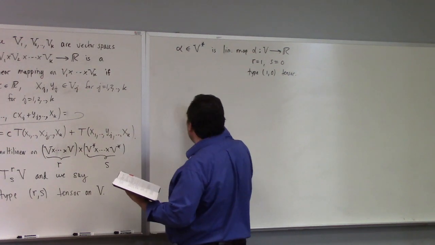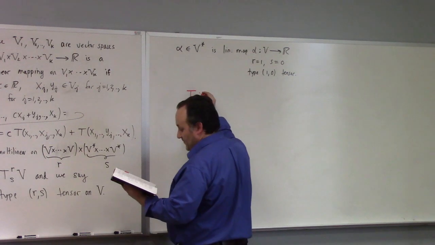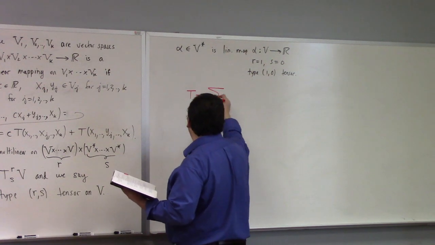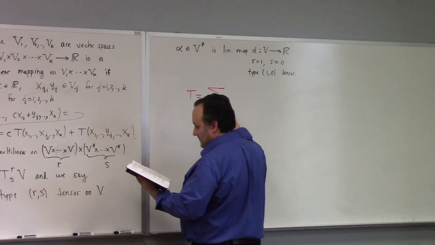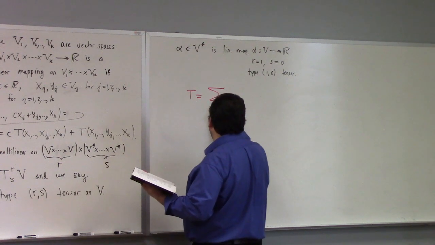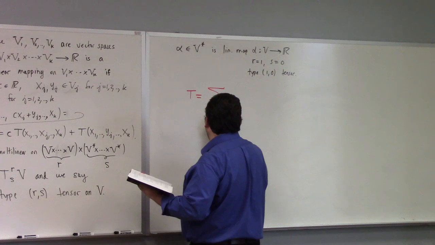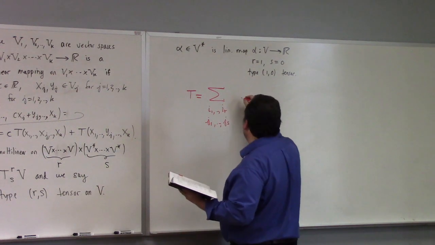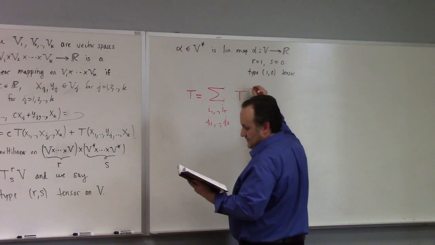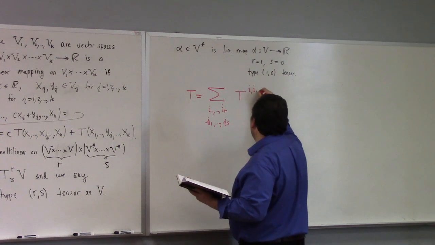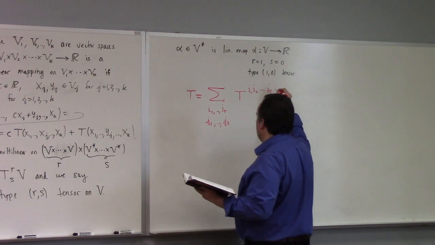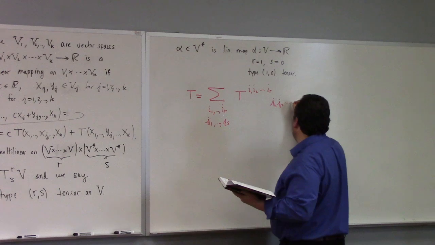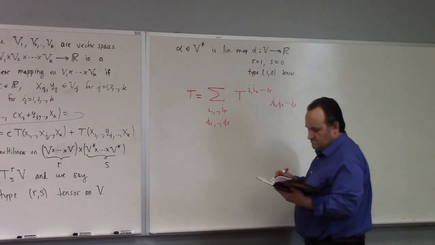So equation 2.10, and this is getting the cart before the horse a bit, but we have a tensor T, which is equal to a sum over i1 through iR and j1 through jS of T with upper indices i1, i2, ..., iR and lower indices j1, j2, ..., jS.